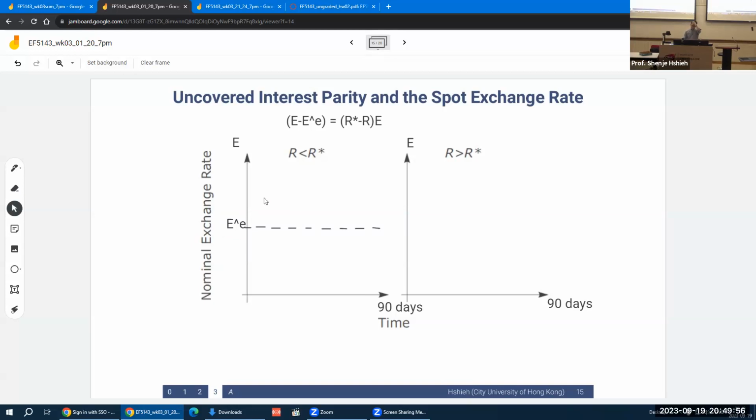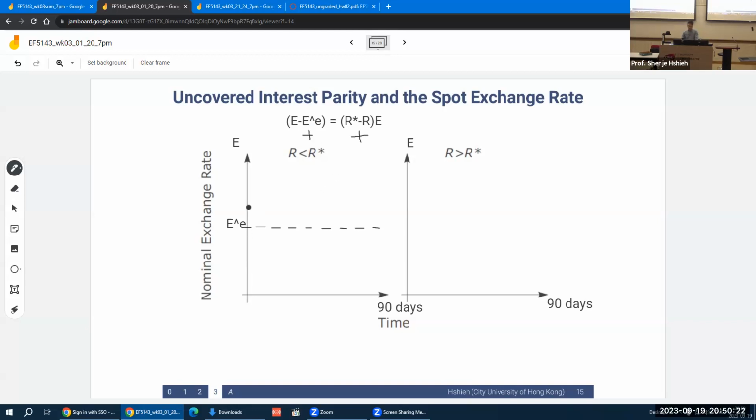All right, case one, R star is greater than R. So when R star is greater than R, that means that this term here is positive. Correct? If the right-hand side is positive, then the left-hand side must also be positive.